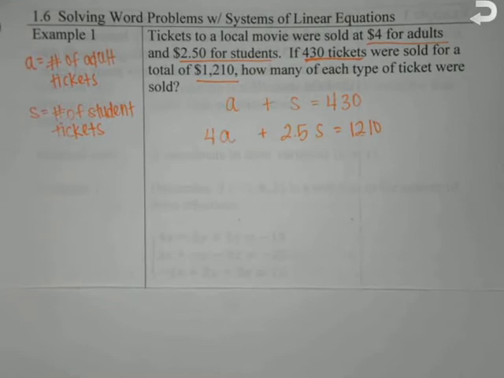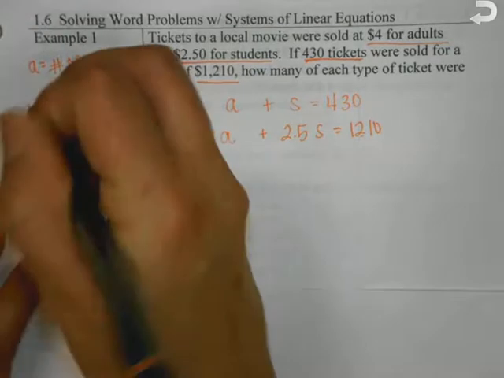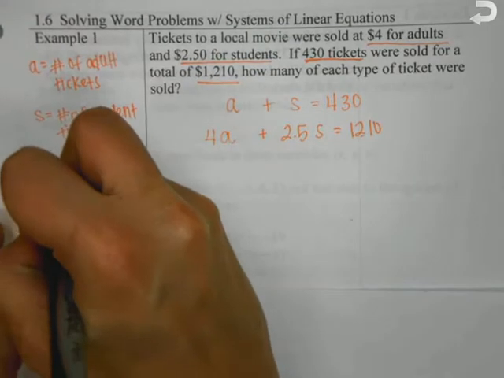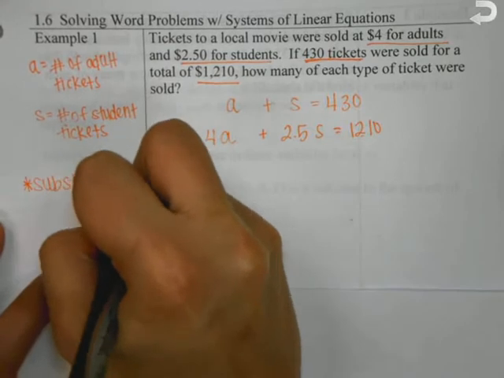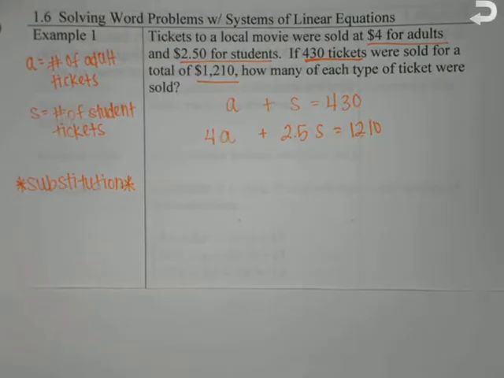Okay, so they did not tell us specifically which method to use, so we can use either substitution or elimination. It does not matter. I'm going to use substitution on this one. We'll use elimination on the next one, so you can have one example of each. Because it does not specify which method to use, you get to pick.